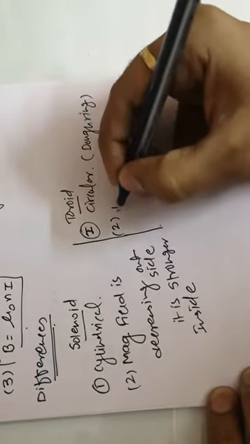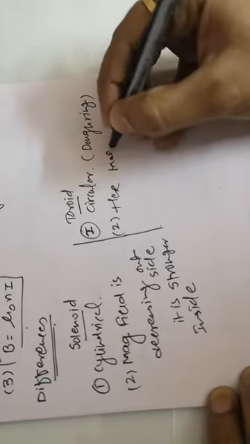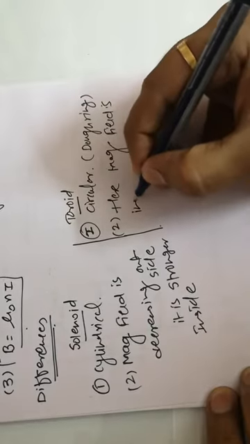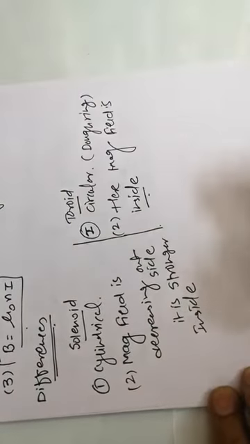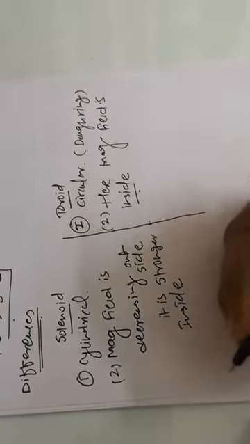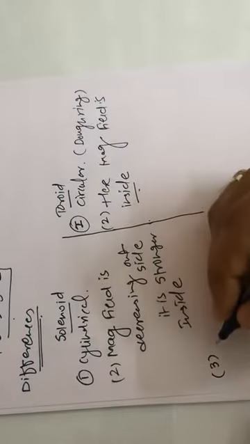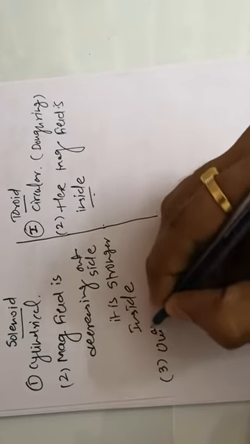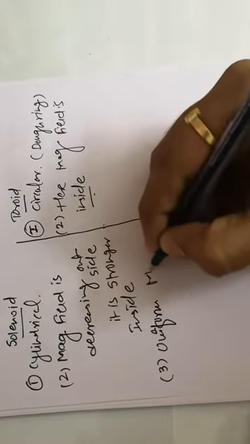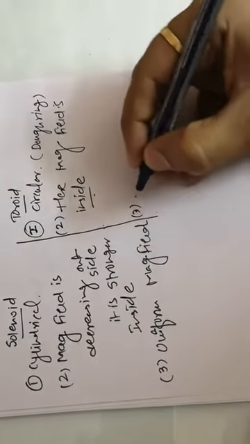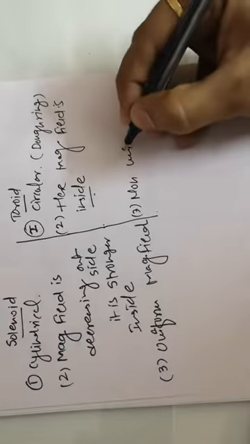In the toroid, you can say the magnetic field is inside, but because of the equal amount of number of turns it will be 0 outside. Third one is that the solenoid contains a uniform magnetic field, and here you can say that the toroid has a non-uniform magnetic field.